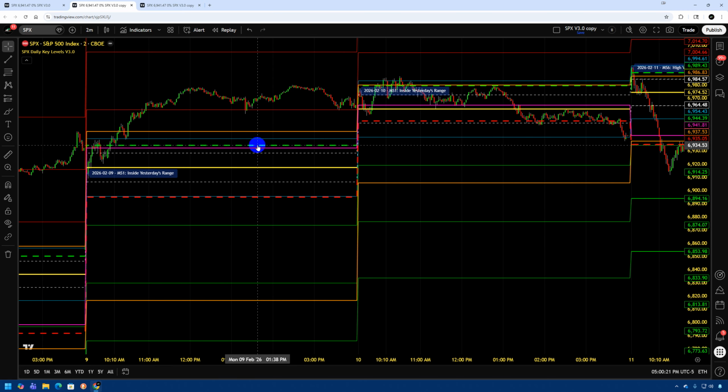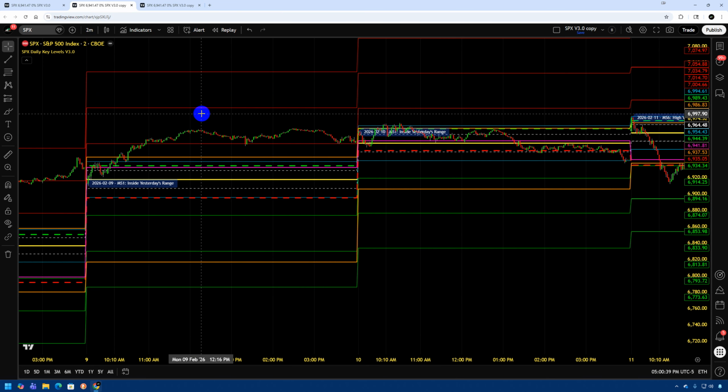As you can see here, instead of having all these be solid lines, you may prefer they all be solid lines. I happen to prefer for them to be different colors and a couple of different line styles and line widths, so it's kind of easier to instantly tell what was what. And like I said, you could make some of these levels up here, like the R2 level or the R3 level or the mid R2, R3 level or whatever.